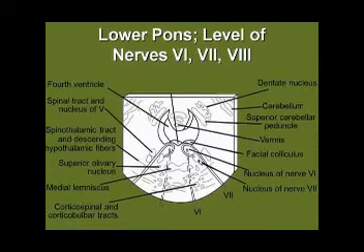And last but not least, even though we are down in the area of cranial nerves 6, 7, and 8, note that there is also a trigeminal structure that's found here, which will also be present in the two sections below this. And this is the spinal tract and spinal nucleus of the trigeminal nerve.